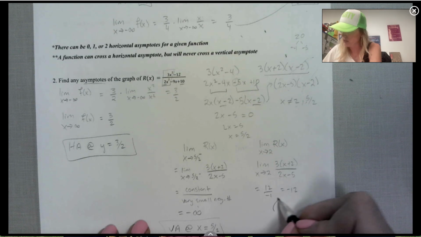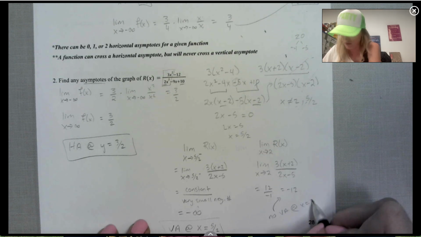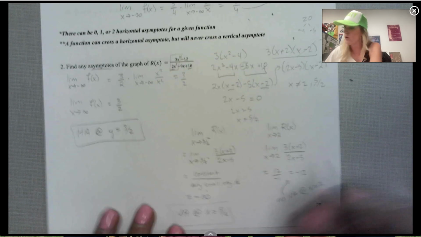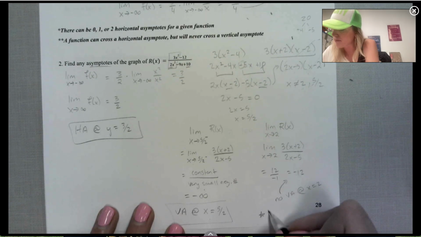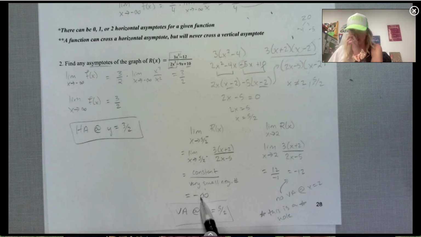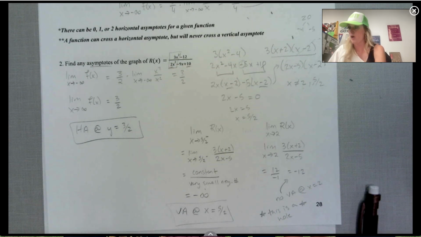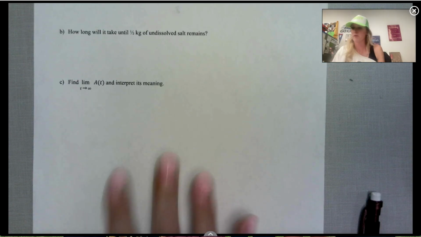This means no vertical asymptote at x equals 2. Instead, this is a hole. If we don't get an infinite limit and we actually get a value, it's a hole instead of a vertical asymptote.